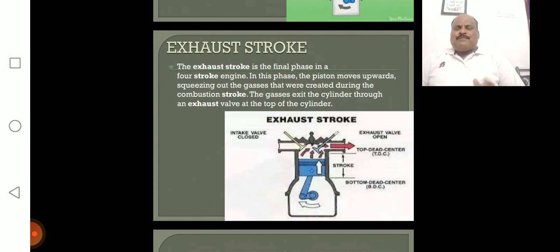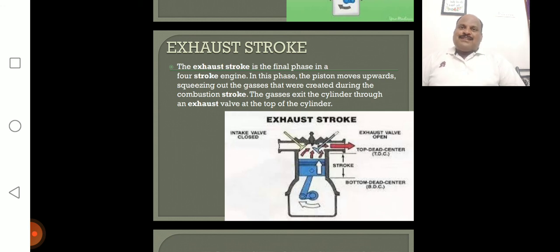In the intake stroke, the piston moves TDC to BDC. At that time only the intake valve is open, exhaust closed. And by the piston, suction is there. Because of that suction and vacuum, the charge is entering through the inlet valve, inside the cylinder. And the piston is coming to BDC.